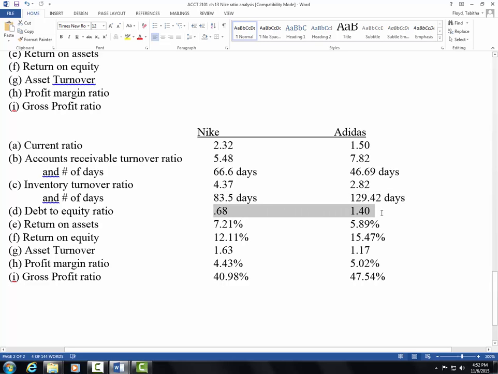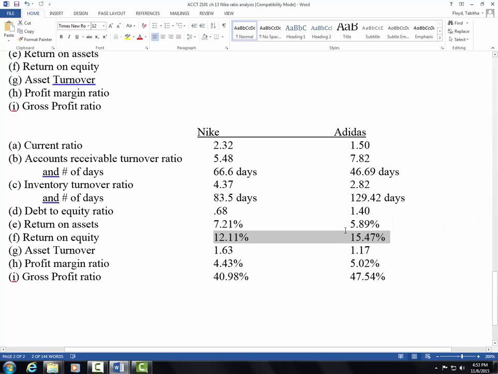Debt to equity. Nike has less debt compared to equity, so Nike is better there. Less risk there. Return on assets. All of our profitability ratios, the higher the better. So your return on assets, your return on equity, the higher the better. So here, return on assets 7, Nike is better there.